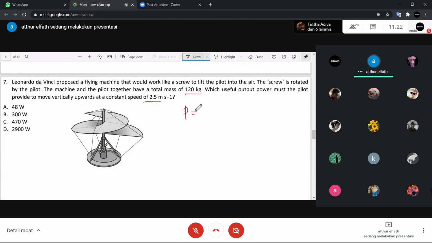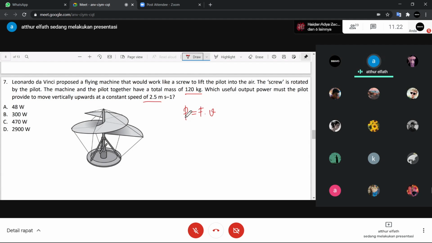Only two variables we know from this question: mass and velocity. How do we find the power? Use these variables. I told you the power can be defined as force times velocity. I hope you understand that if the question only tells you about the velocity and asks about the power, you connect it with this formula.